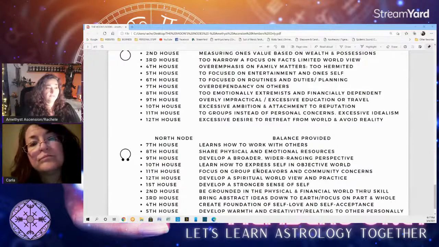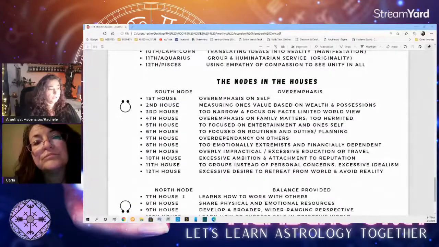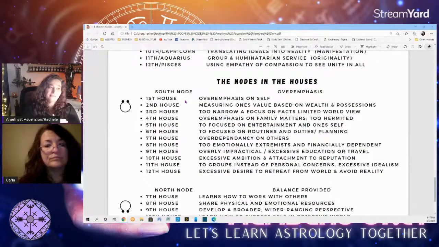So sharing physical and emotional resources would be to balance it out. So the counter to that would be the 2nd house of, if I'm overemphasizing it, measuring one's value based on wealth and possessions. So if I'm overly emphasizing my south node, okay.